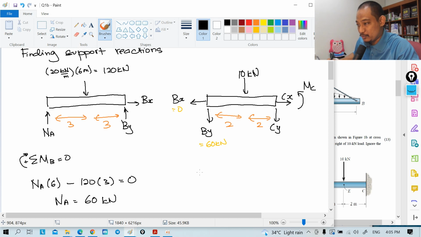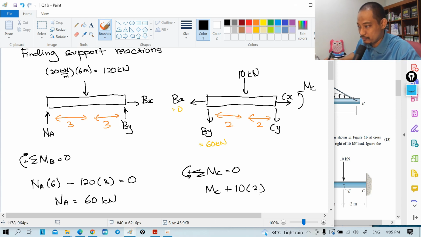If we do summation of moments about point C equal to 0, taking counterclockwise as positive, you have MC counterclockwise, plus 10 times 2 from this 10 kilonewton, plus 60 times 4 equal to 0.